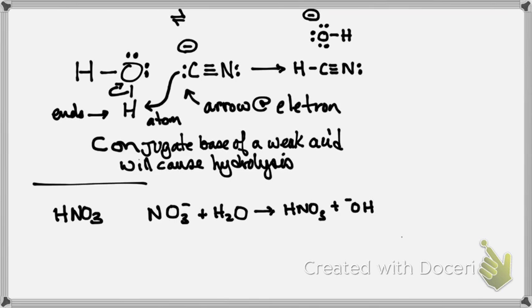A simple concept, and I like to oversimplify things sometimes: it happens because HCN is stable and HNO3 is not. Right? HCN is stable. That's why weak acids stay together. If they had been unstable, they would have fallen apart. So nitric acid tends to be less stable than HCN.